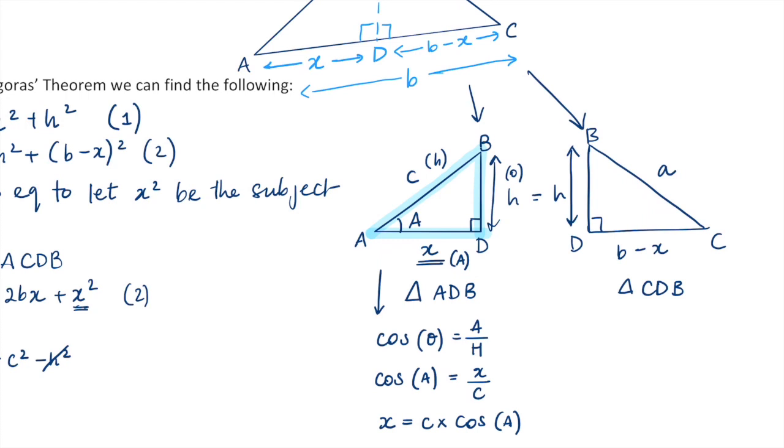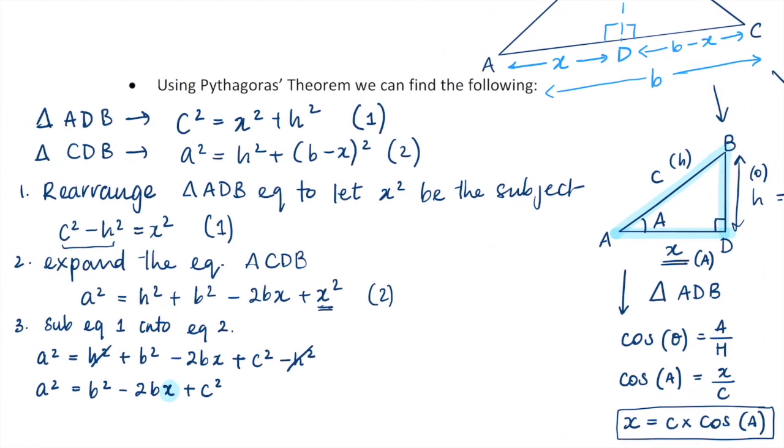And what I can do now is substitute this into here. By that I mean I'm going to do a squared is equal to b squared minus 2b, and instead of x I'm going to substitute c times cos of a. So that's going to read as 2bc times cos of a plus c squared.